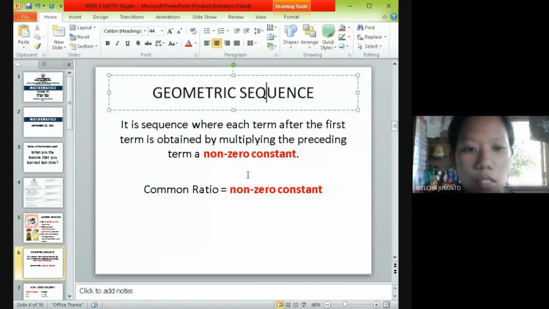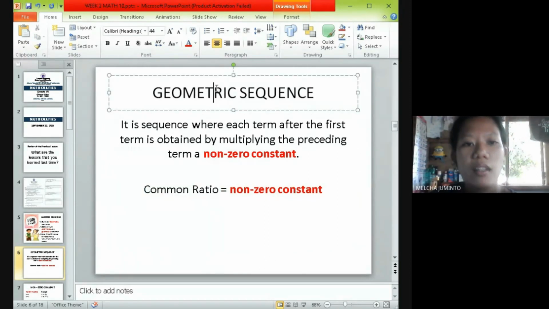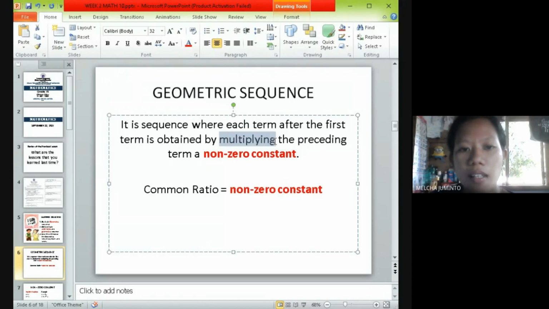This non-zero constant is called the common ratio. So the difference between geometric and arithmetic is that instead of adding, we now have the operation multiplication. So from the first term, there is a non-zero constant to be multiplied to get the next term. We call that the common ratio.